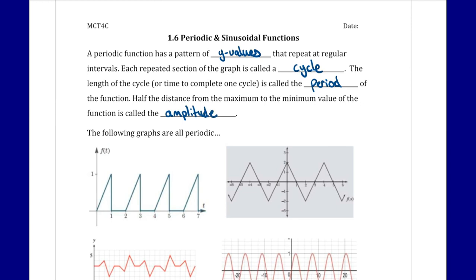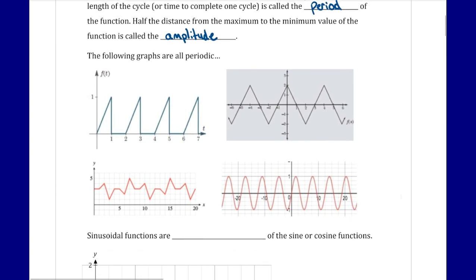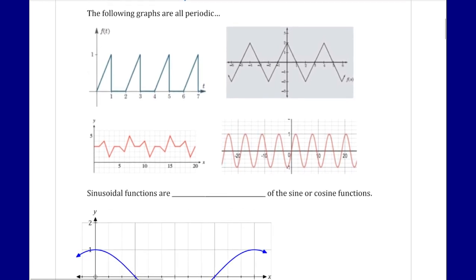These are some key terms we're going to be looking at for periodic functions, and again, primarily sinusoidal functions. Looking at these examples here, these are all periodic functions. We can see a repetition of the values. There's 1, 2, 3, 4, and so on. Here, there's 1, 2, 3.